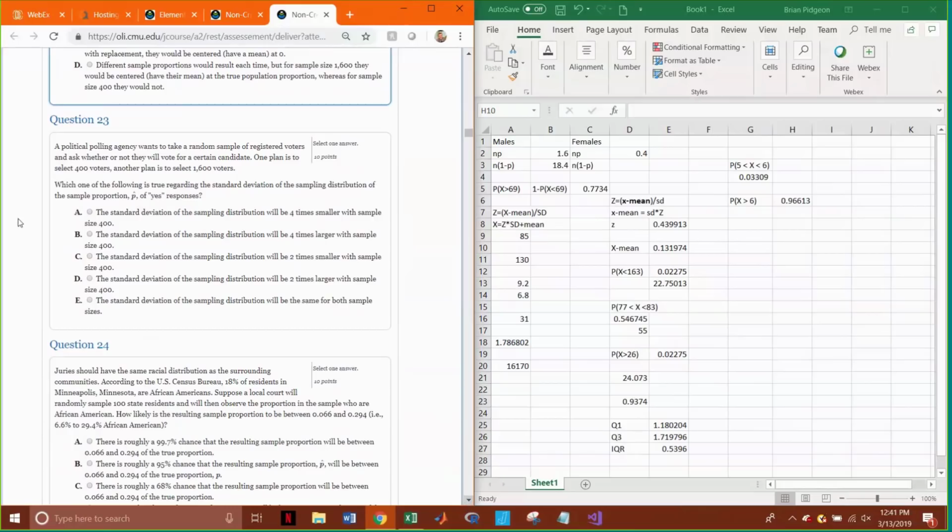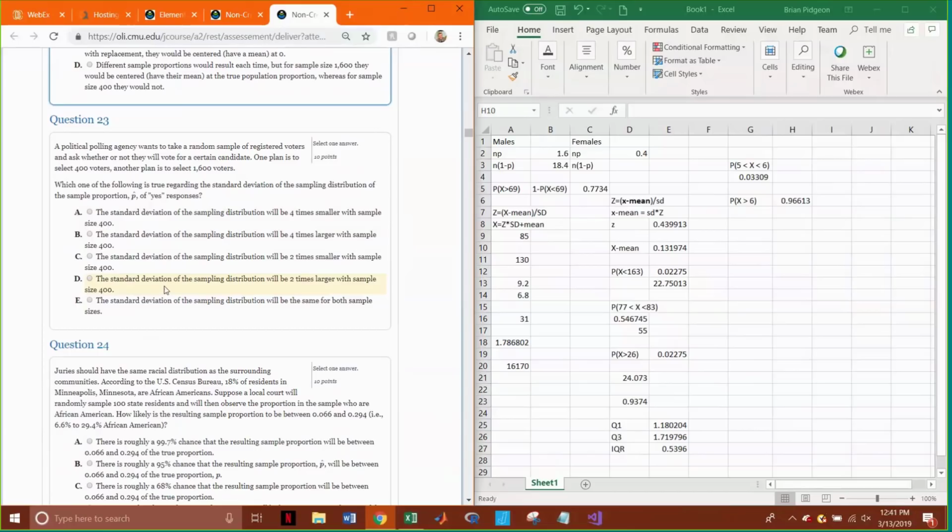So if you look at all these answer choices, they're all in terms of the sample size 400. So that means we're looking for the standard deviation is larger because a smaller sample size gives you a larger standard deviation. So that's going to be answer choice B or D. So now we just need to think about, well, which number is it?